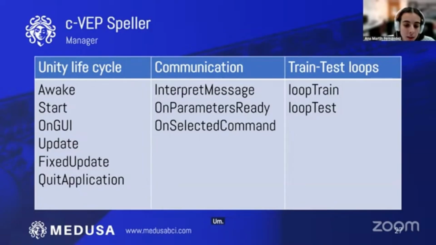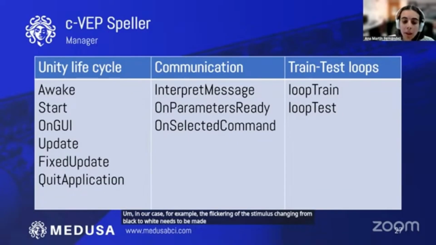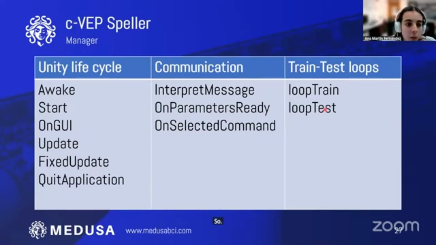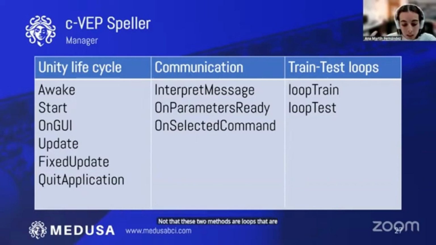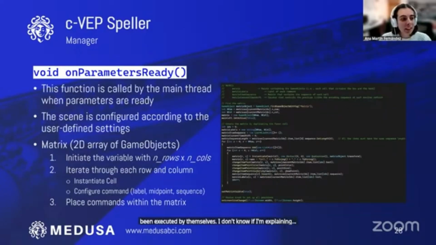And in our case, for example, the flickering of the stimulus changing from black to white needs to be made and controlled from the fixed update function. So these loops will be controlled from that function, and this function will be constantly calling these two other methods. Note that these two methods are not loops that are repeatedly being executed by themselves. I don't know if I'm making it clear.